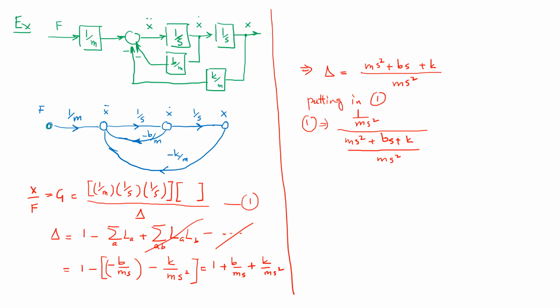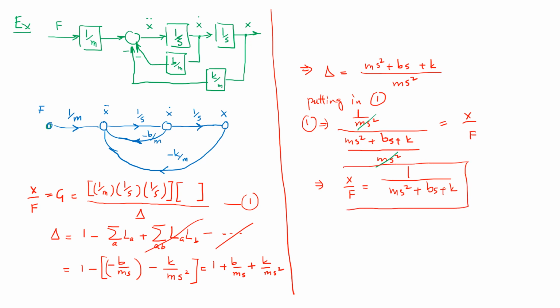Obviously you can cancel this with that, and that is going to be equal to the output over input, or the gain of the system. So I can further manipulate that. This is going to be x over f, which is equal to 1 over ms squared plus bs plus k, and this is your transfer function. This is the gain of the system.